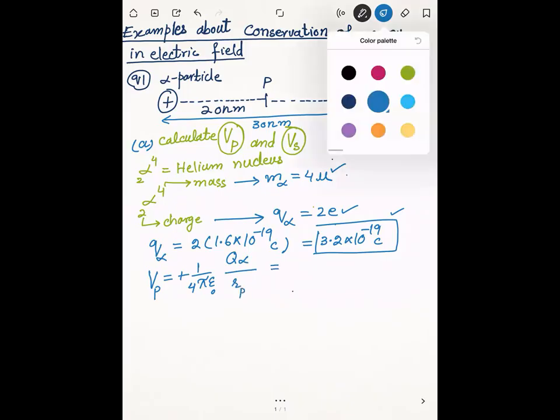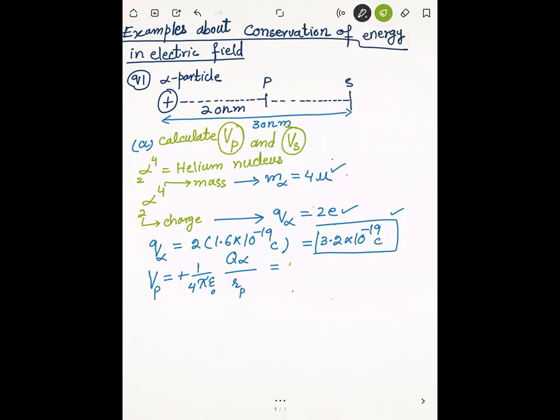Now if we substitute the values, it becomes 8.99 into 10 power 9, times the charge of the alpha particle, 3.2 into 10 power minus 19 coulombs, divided by the distance of P from the alpha particle, which is 20 into 10 power minus 9.